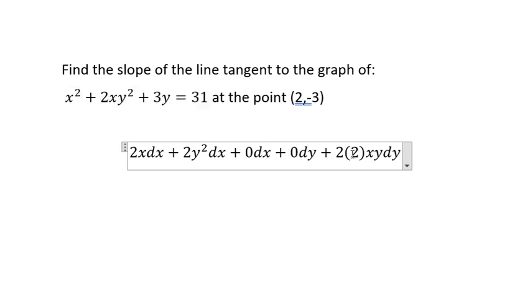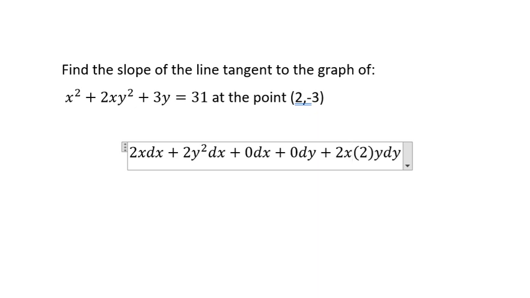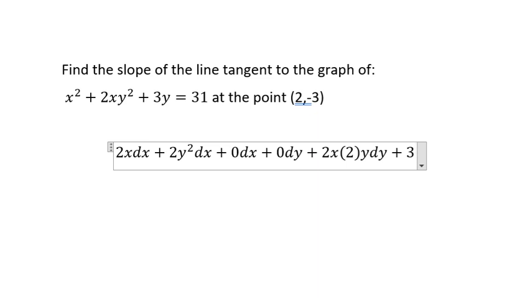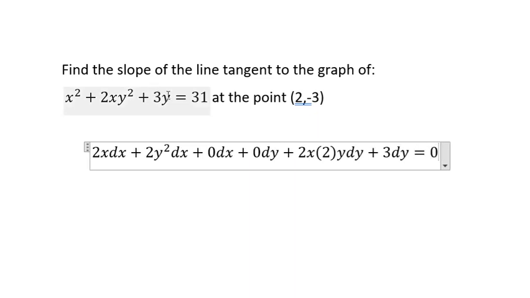Next, the derivative of 3y will be just 3 dy. And all of this equals 0, because the derivative of a constant will always be 0.